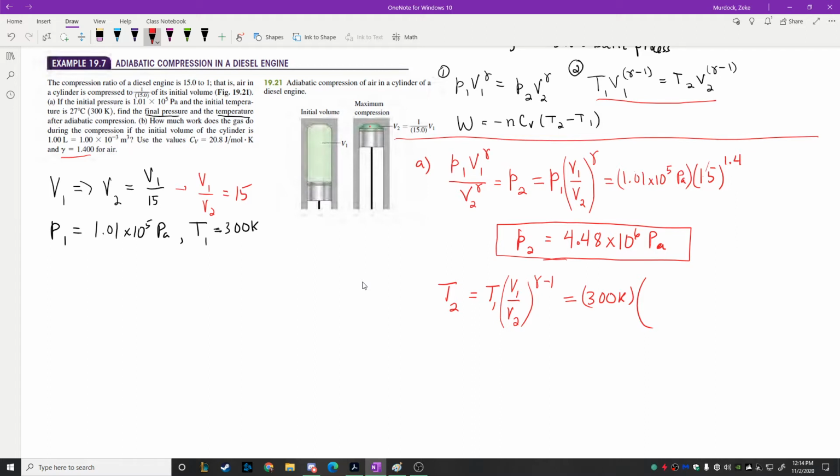So V1 over V2 is 15. Raising that to the gamma minus 1 power, so that's 1.4 minus 1, which will obviously just be 0.4. And the new temperature now, which is increased by quite a bit, is 886 Kelvin. Does everyone agree with that? I only see one person that actually put that answer in the chat. Everyone agree with that?